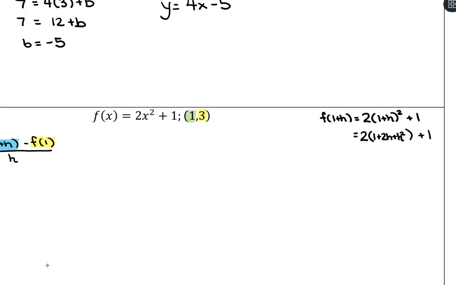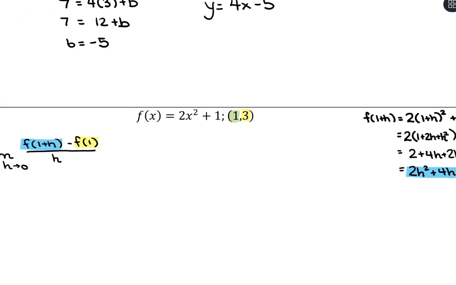And then we still have that plus 1 at the end there. Distribute the 2 in, and then combine like terms. I'm going to go ahead and put it in standard form too. So we'll have 2h squared plus 4h plus 3.